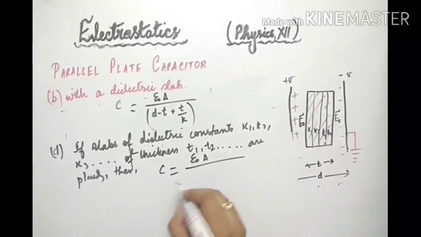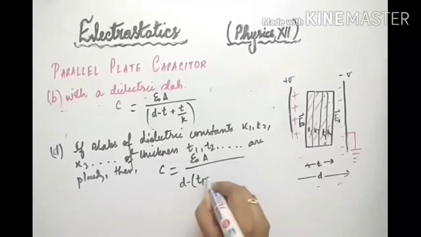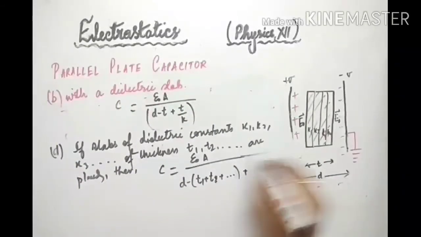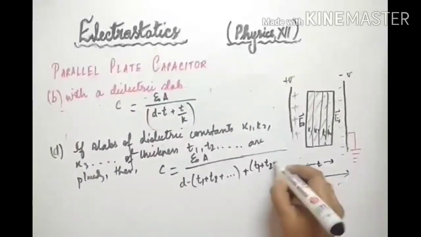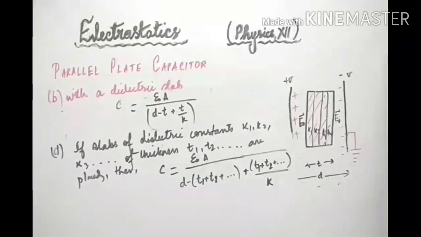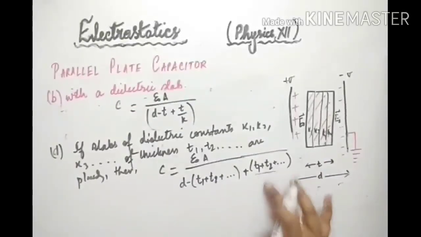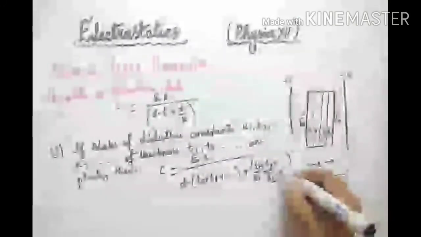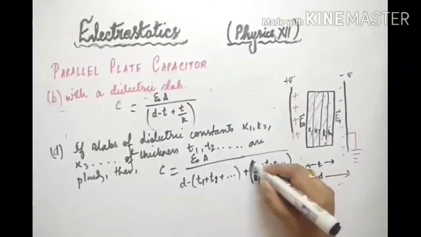Then you can write d minus t1, t2, dot dot dot, plus t1 by K1 plus t2 by K2 plus dot dot dot, till the value you have.